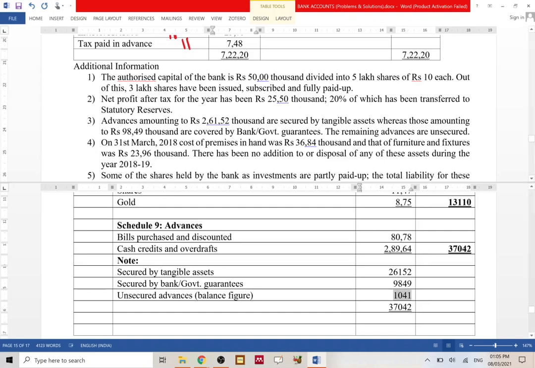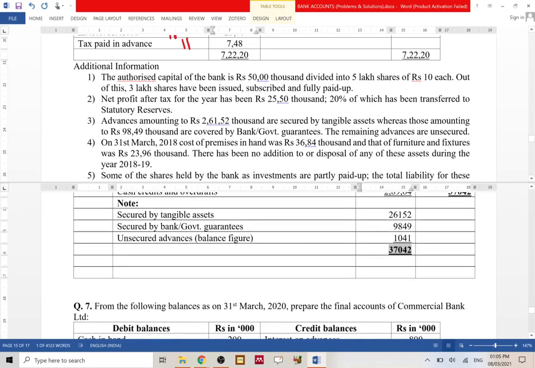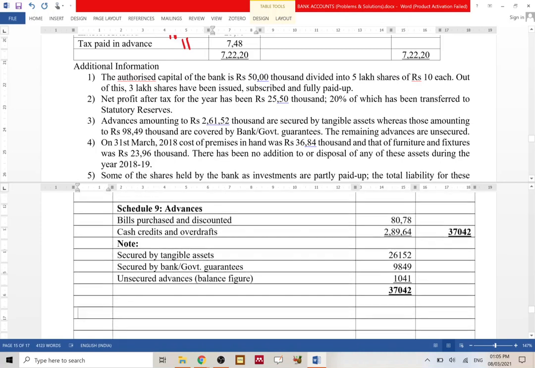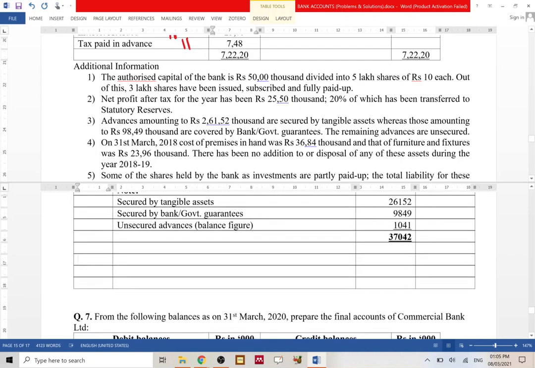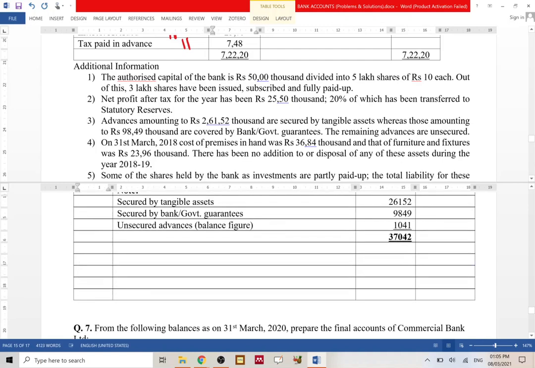So what you're doing here is nothing but taking the final balance. I'm writing this in the inner column because it should not be repeated. This is just additional information. The correct final total is 37,042. Be very careful not to put this in the outer column because you might add it up along with all the other items. Okay, so that is your schedule 9 on advances. Similarly, we have schedule 10 as well.